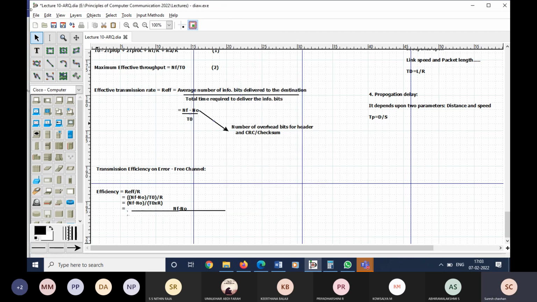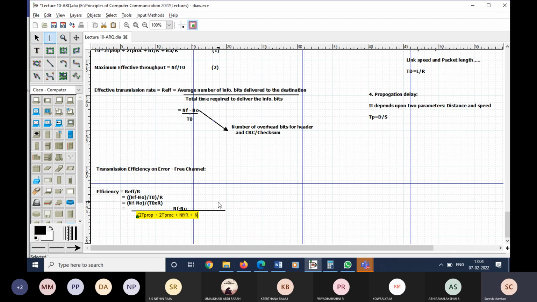So I'm writing like this: NF minus N0 divided by 2 times T processing time required, plus the ratio of NF to R, correct?